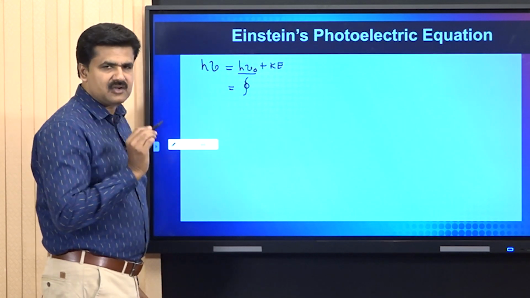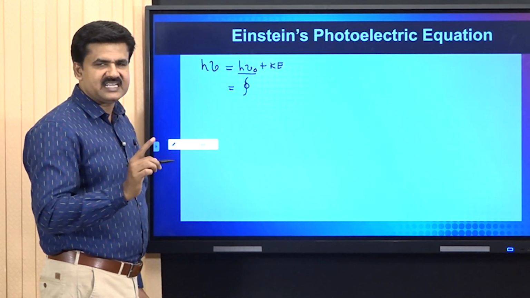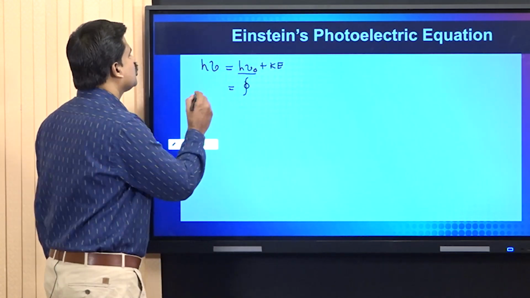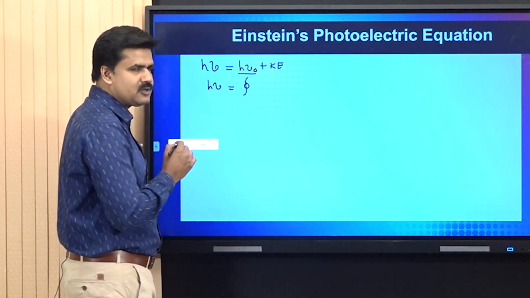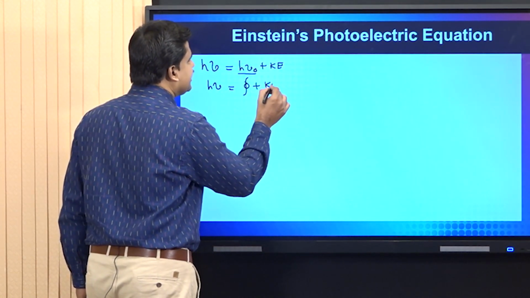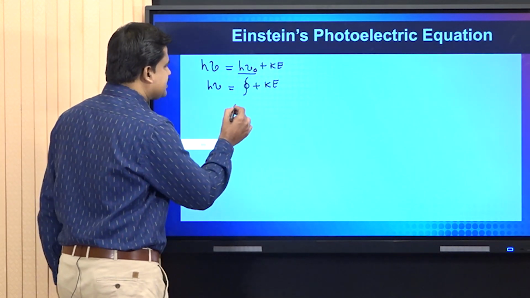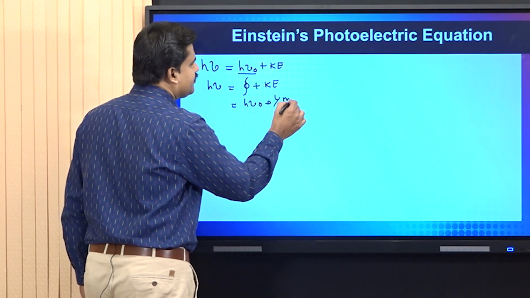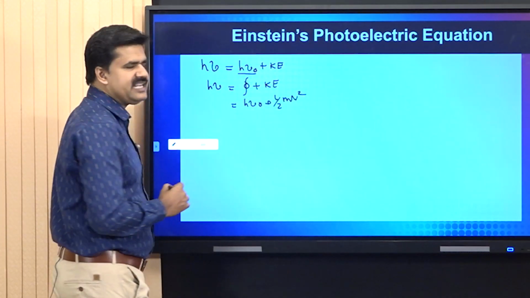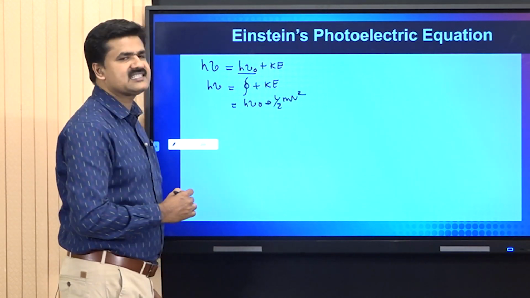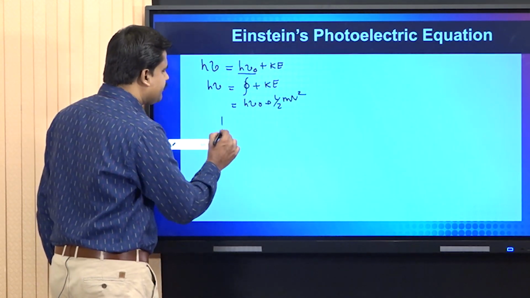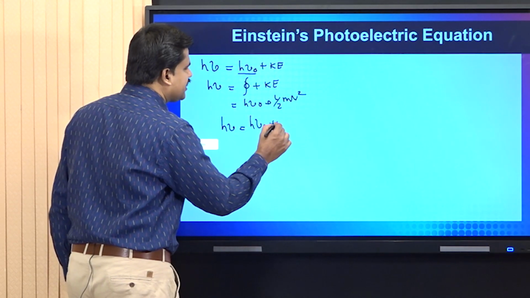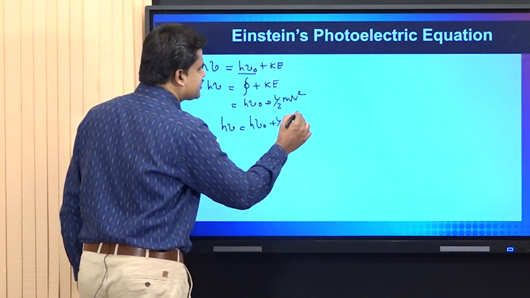That is, work function is the amount of energy required to remove electrons from the metal surface. So, total energy h nu is equal to phi plus kinetic energy. That is, h nu 0 plus half m v square, where v is the velocity, and half m v square represents the kinetic energy. On rearranging, h nu is equal to h nu 0 plus half m v square.